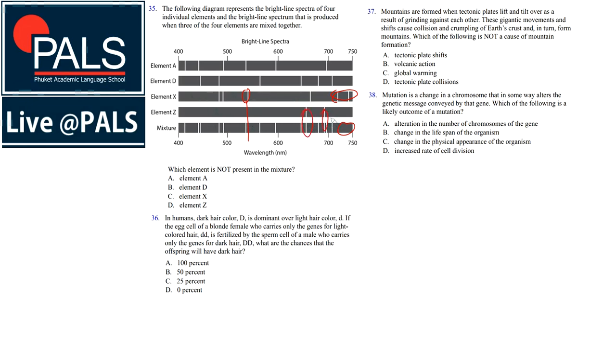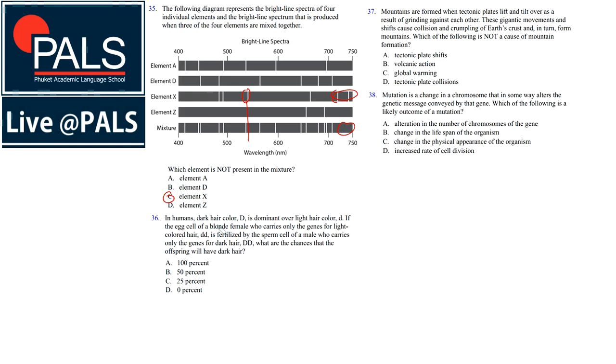All of these lines overlap for Z. For D, all lines are overlapping as well. And for A, we can see all lines are overlapping too. This overlaps and this overlaps. So the element that is not present is element X. It's not present in the mixture.